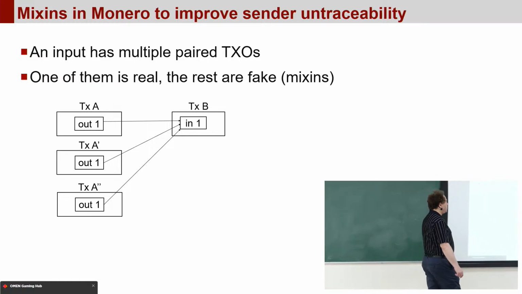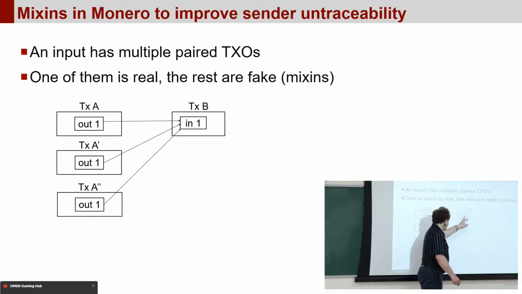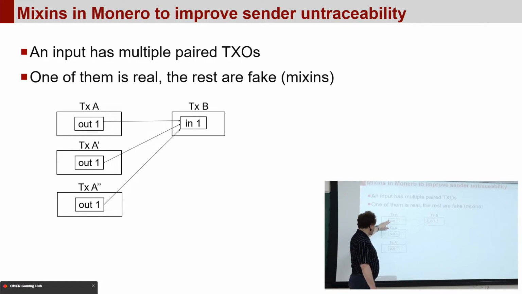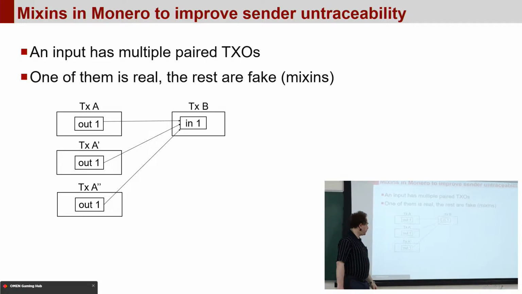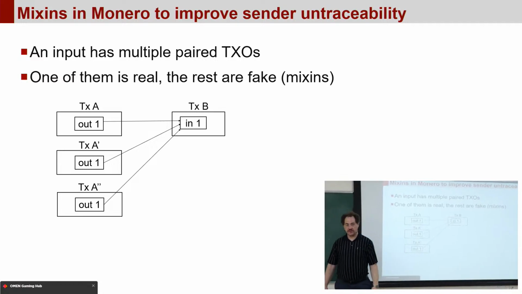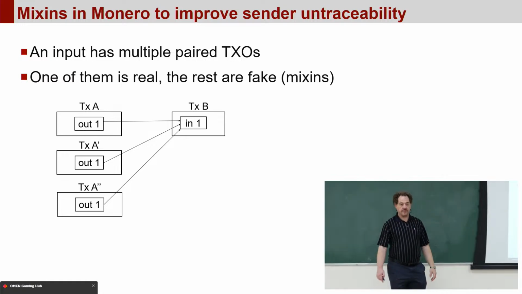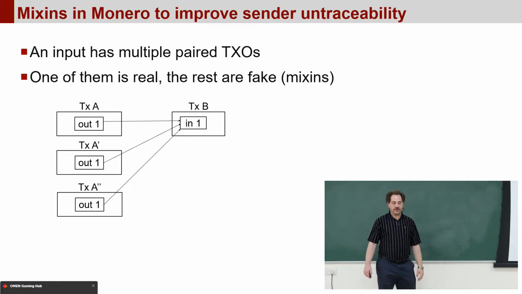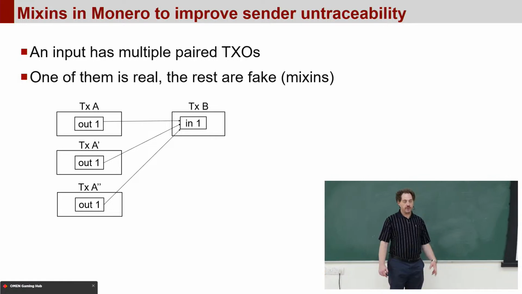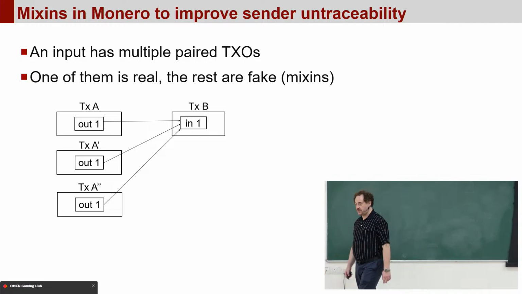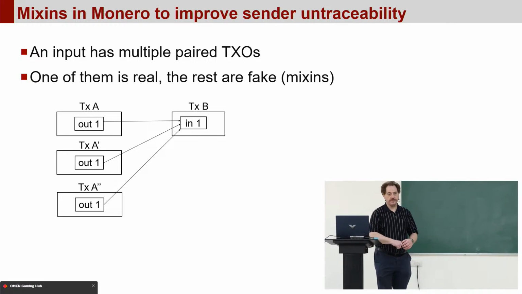So you see here transaction B is linked not with just one output, but in this example with 3 different outputs, of which one is real and the other 2 are fake. But from the outside, we don't know which one is the real one. And this is the way to achieve untraceability of the sender.